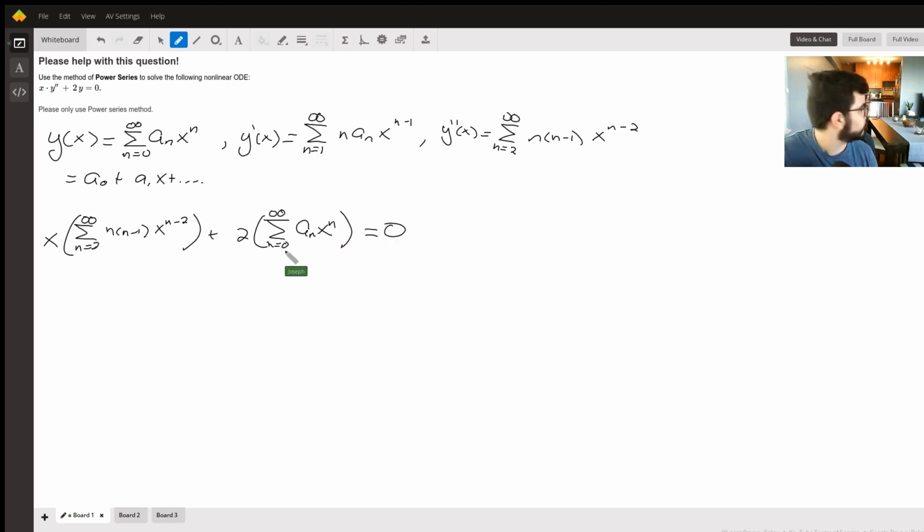This is equal to 0. Now, if we simplify, we have that this is x minus 1 because we multiply an x here.